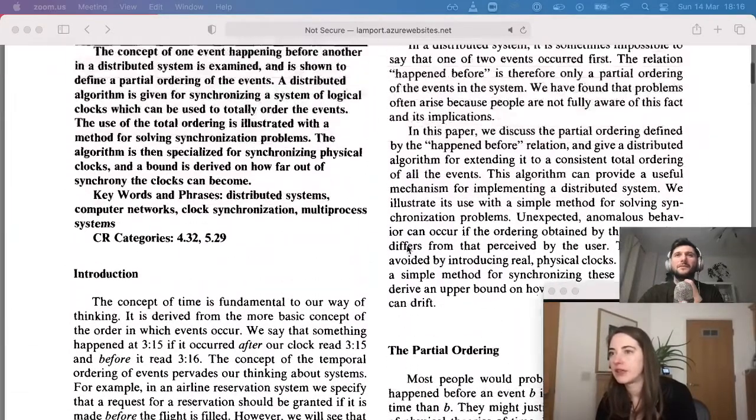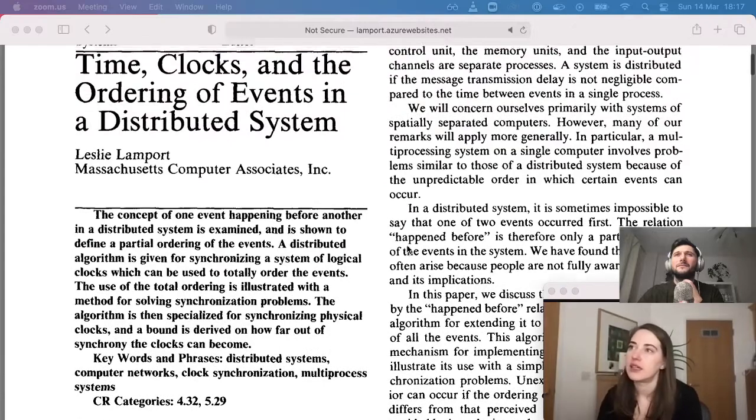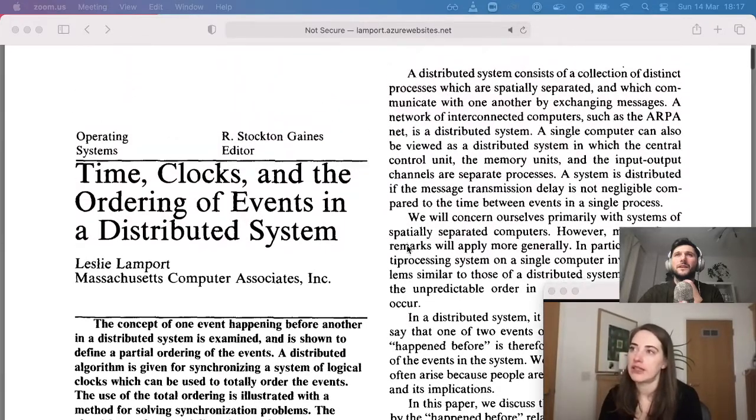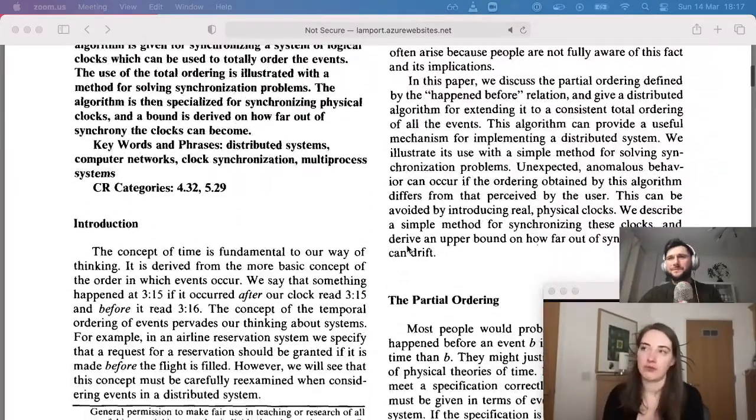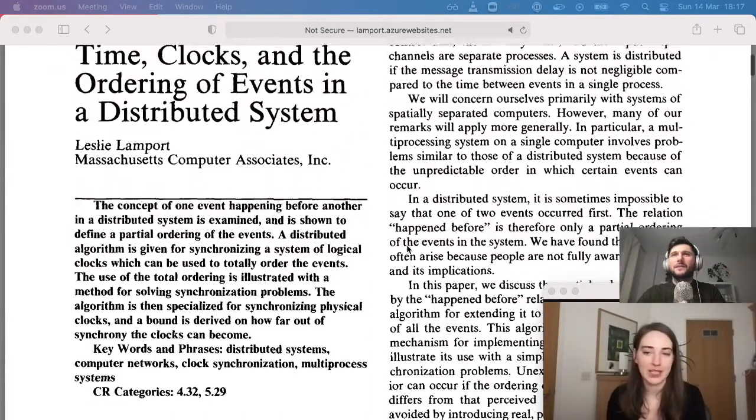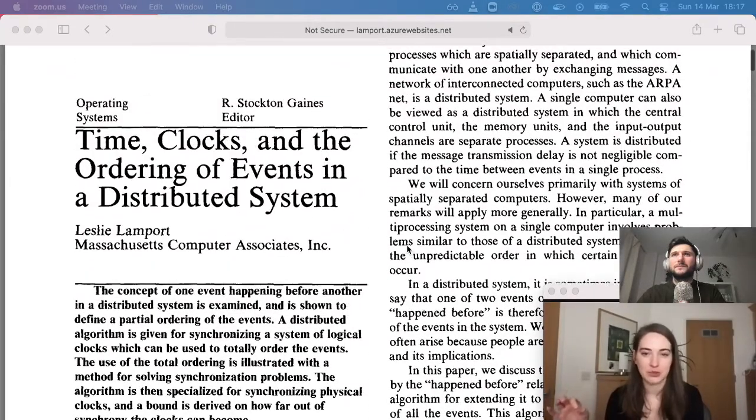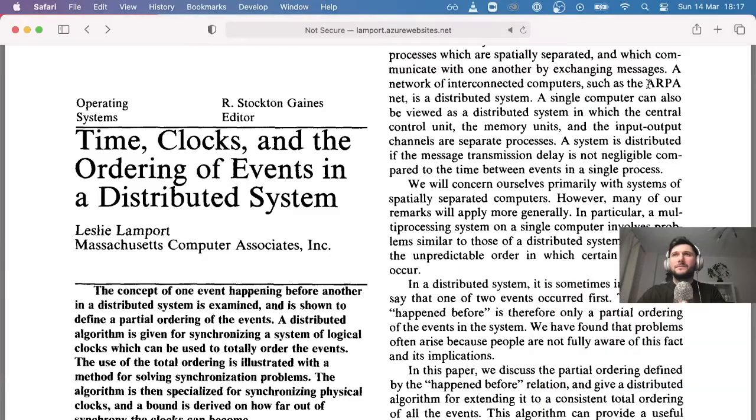In the introduction, I see the reference he's making is to the ARPANET, the distributed system they have. It's not an actual reference to a paper, and it's not an internet link either, of course.